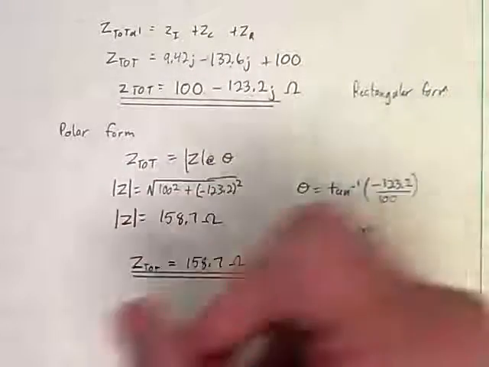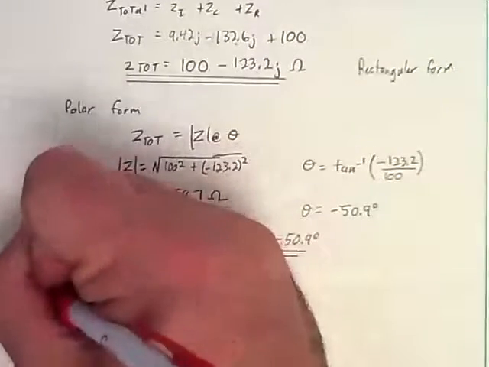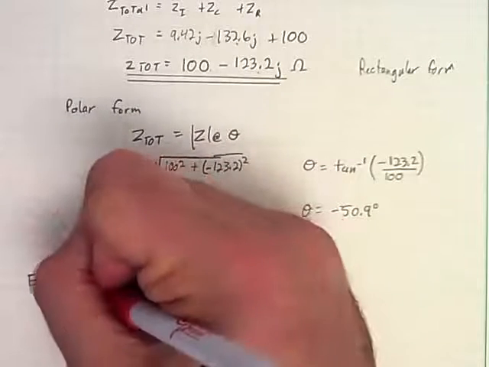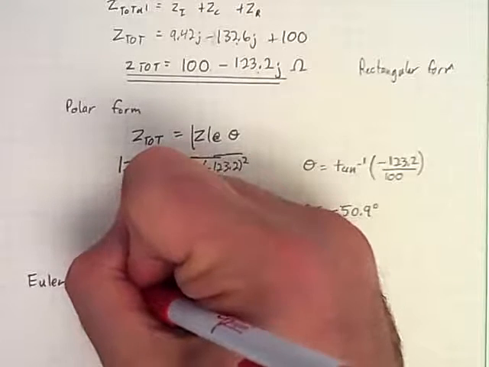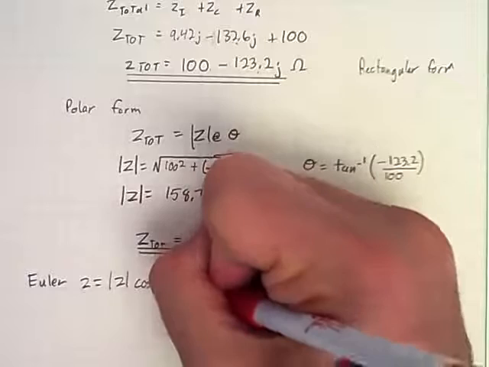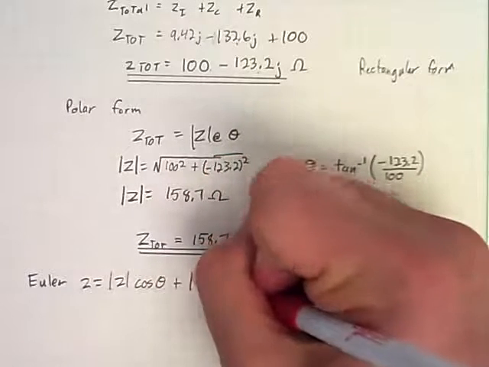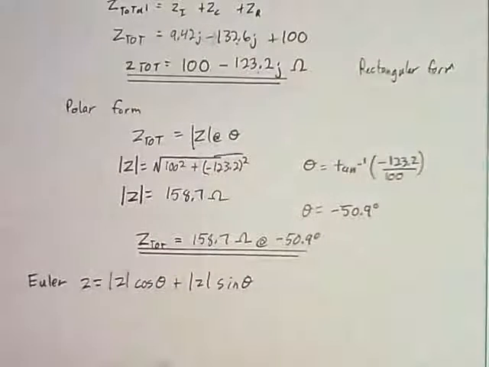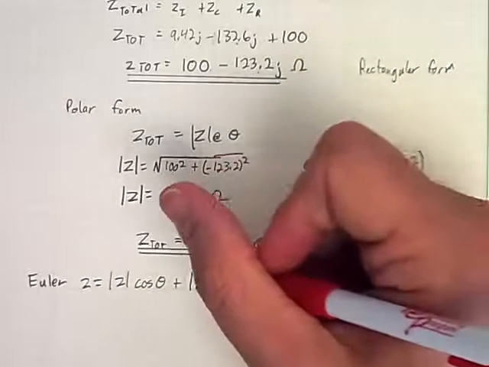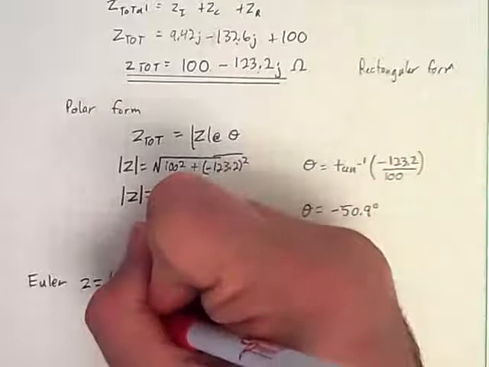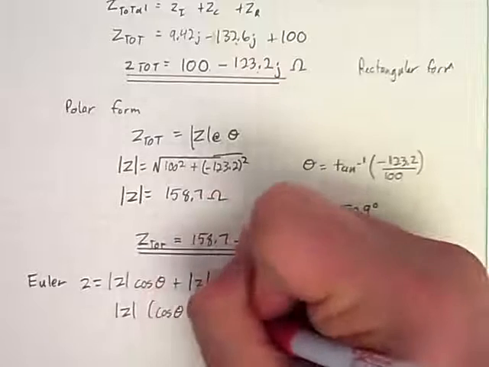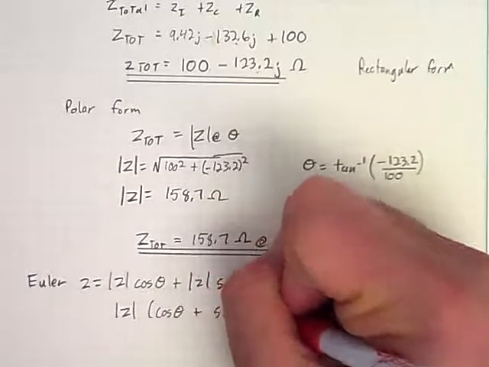So Euler, let's talk about that guy for a minute. Euler said that if Z is equal to the magnitude of Z times cosine theta plus Z times sine theta, that's the same as the magnitude of Z times cosine theta plus sine theta times the J term.